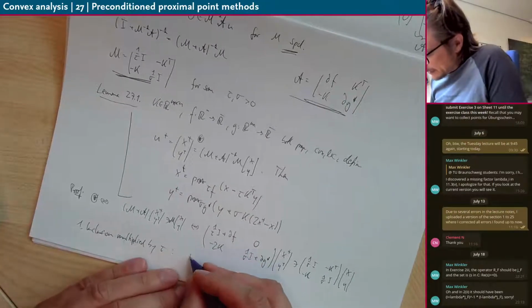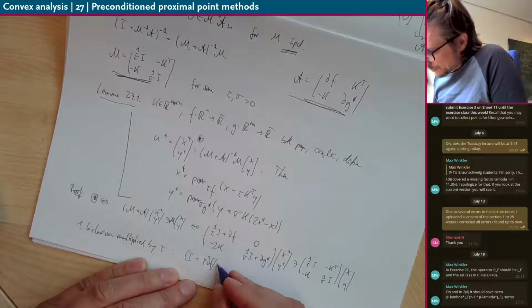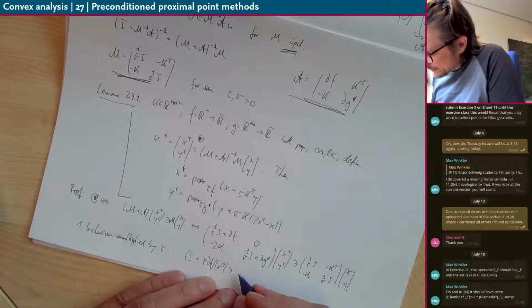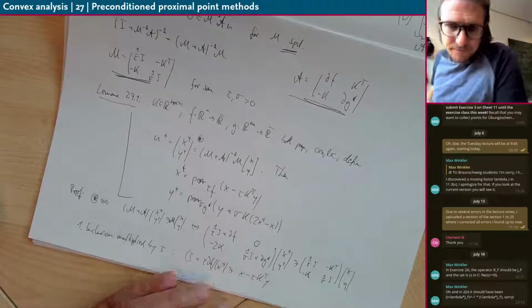This is identity plus tau times subgradient of F, applied to x plus, and this contains x minus tau times K transpose y.